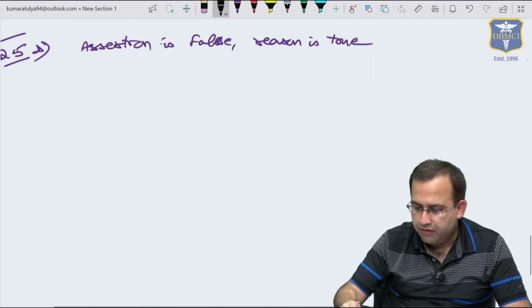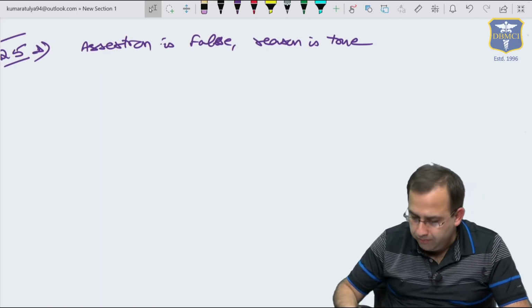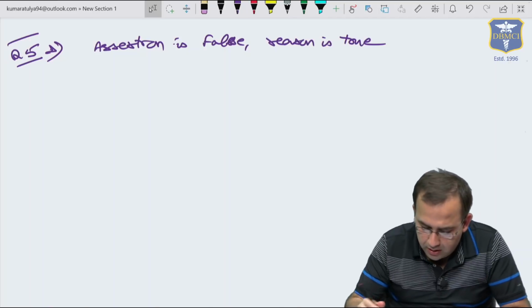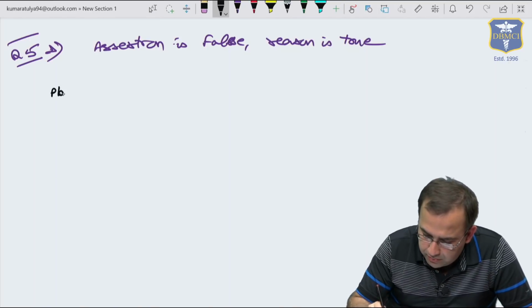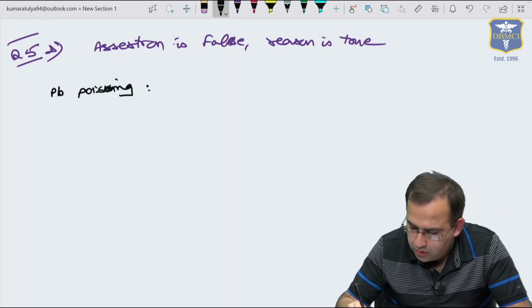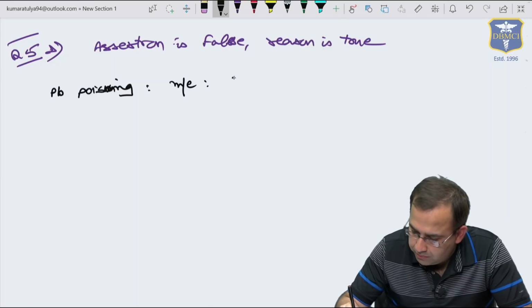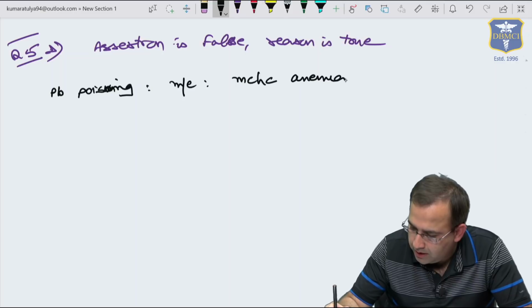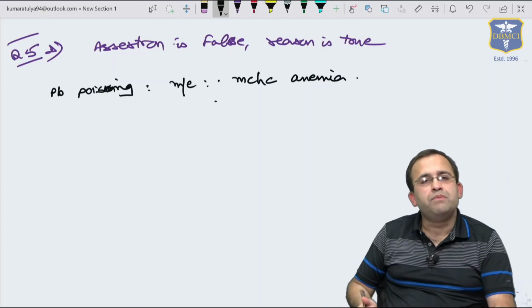So let us have a look at this in slight more detail. First point, lead poisoning. Let us first start with the assertion. Lead poisoning microscopically causes microcytic hypochromic anemia.